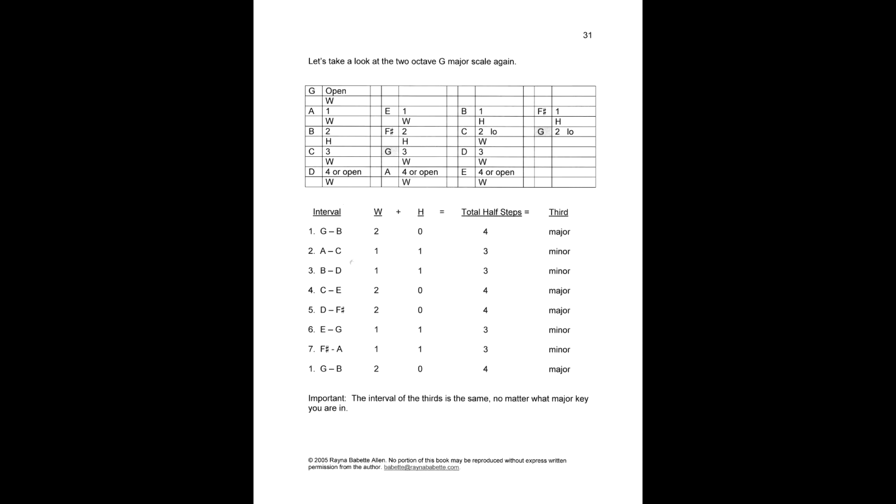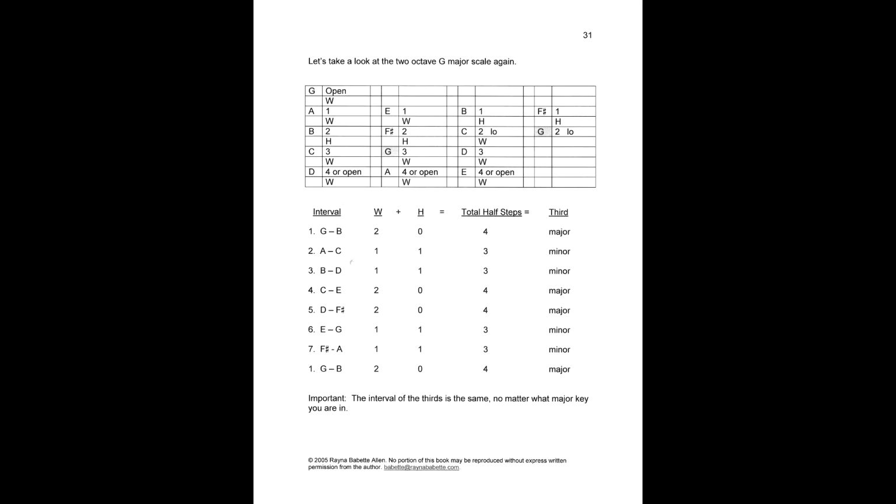Also on this page, we're looking at each note in the scale as being a starting note for a third, and showing the total number of half steps and whether this is a major or a minor third. For example, let's go to number 4, from C to E. We can see that that's 4 half steps and it's a major third. 5 is also a major third.